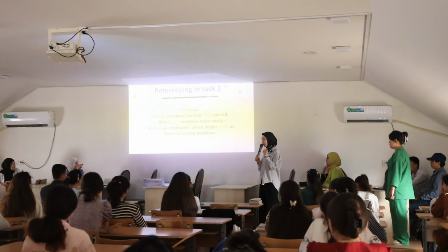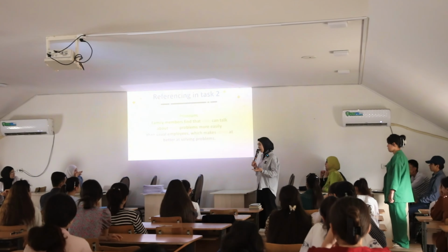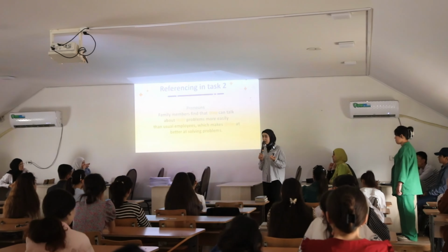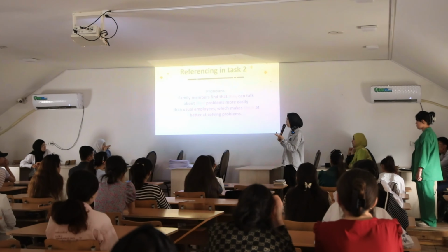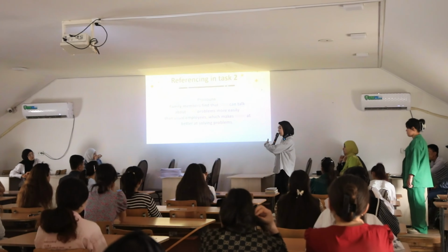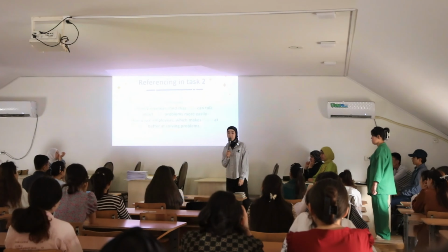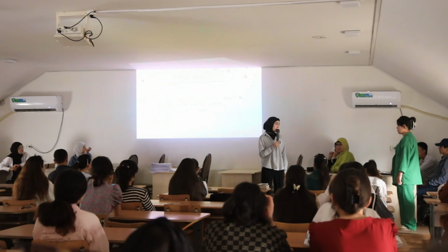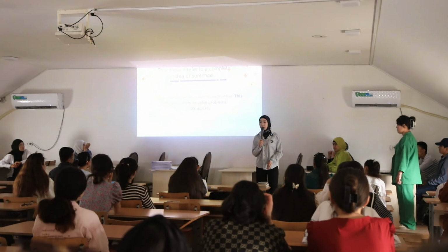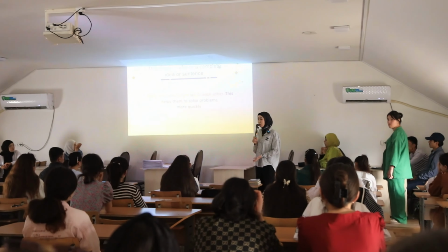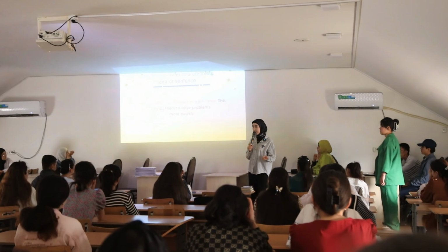Here we have they, their, and them, a subject pronoun, possessive adjective, and object pronoun, and they are all referring to which word? Yes, family members, right? The second way of referring in task 2 is using demonstrative pronouns, this and these.